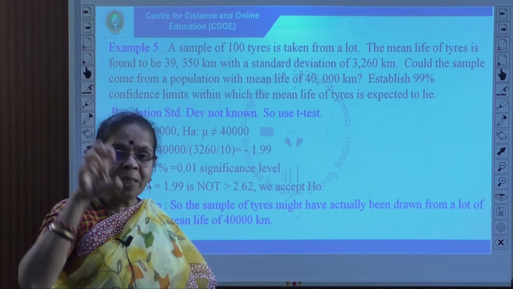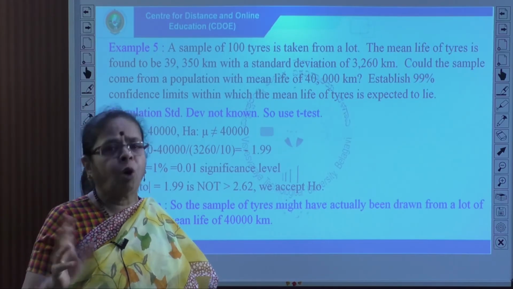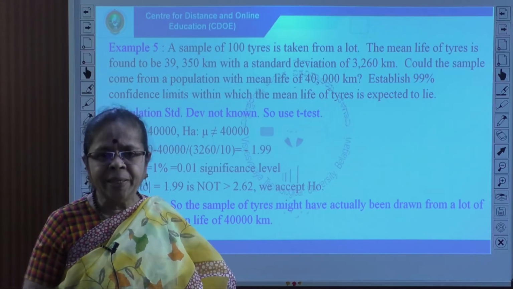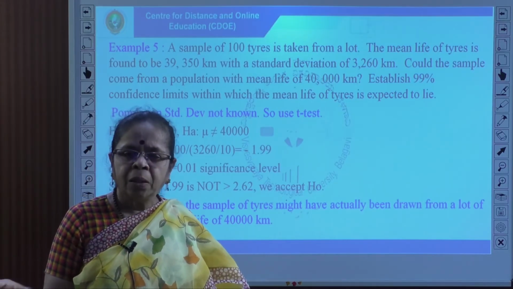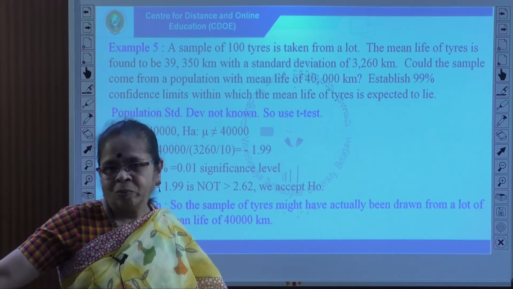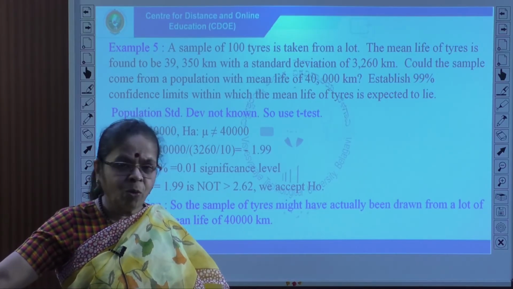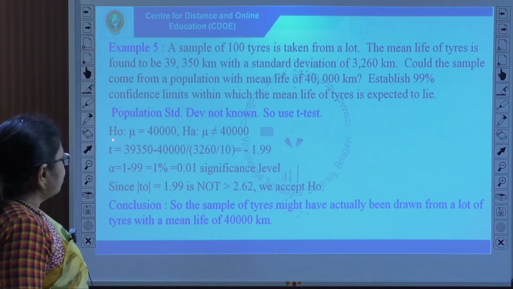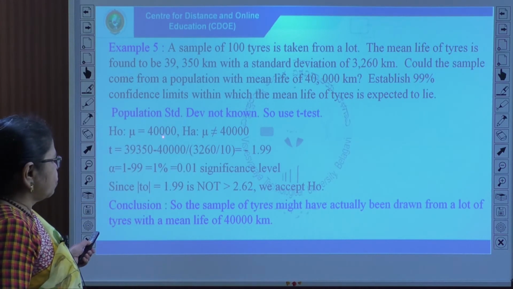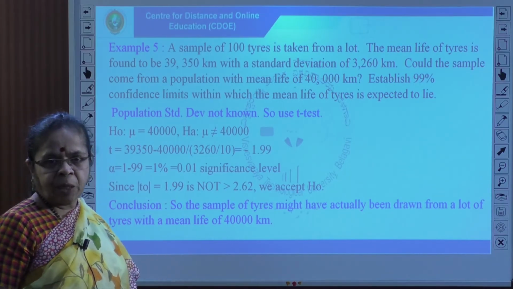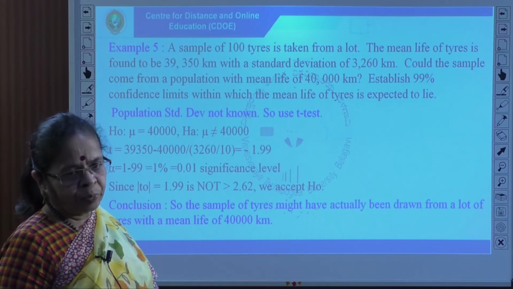I want to show whether this batch has come from that or not, or whether the manufacturer or maybe the dealer has just put in some old used tires in between, one or two of them, so that we do not know. So, we want to verify that. So, H naught: mu is 40,000, HA: mu is not 40,000, that means it comes from another batch.